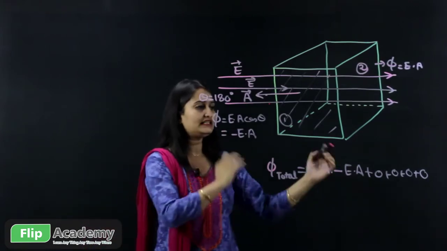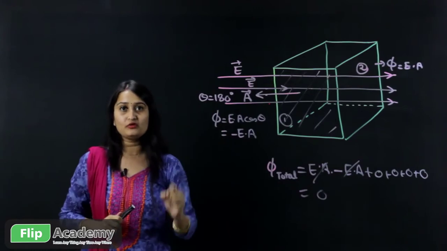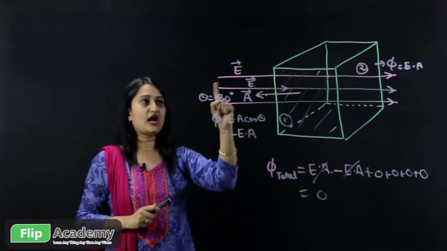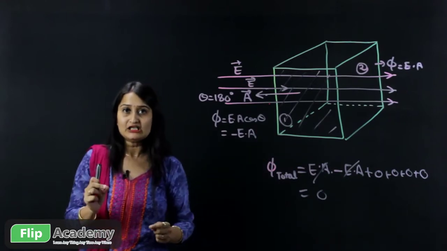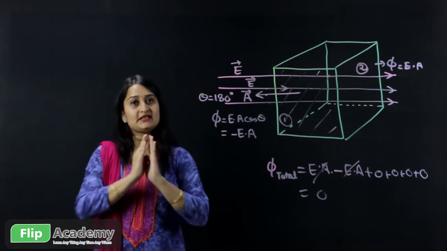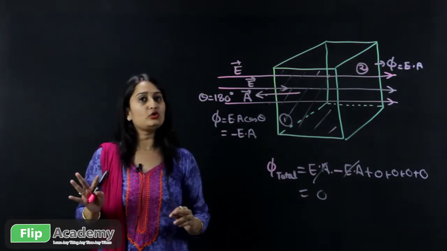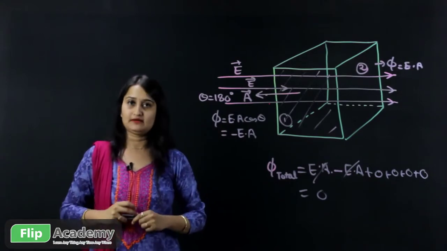When you add all these quantities, your answer is 0. So I have proved here that when the charge is placed outside the closed surface, in that condition the total flux linked with the surface is 0.